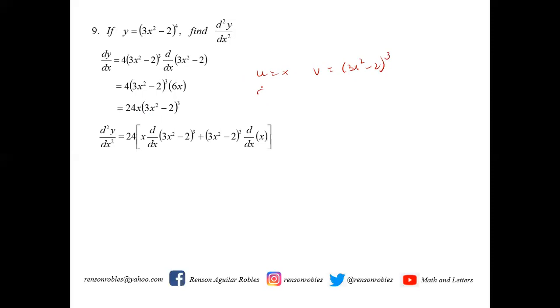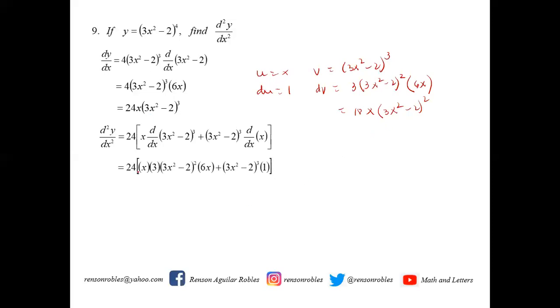And then du is equal to 1 and dv equals 3 times 3x squared minus 2, 3 minus 1 is 2, times the derivative of this, that is 6x. Okay, and then finally you have 18x times 3x squared minus 2 to the second power. And we shall have 24 times u, that's x, times 3 times 3x squared minus 2 squared, then 6x. So that is your dv. And then plus, this is your v, then derivative of u.